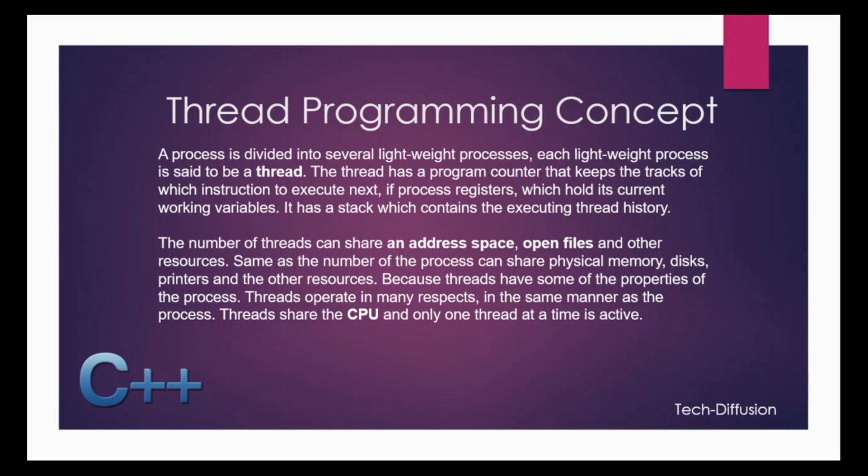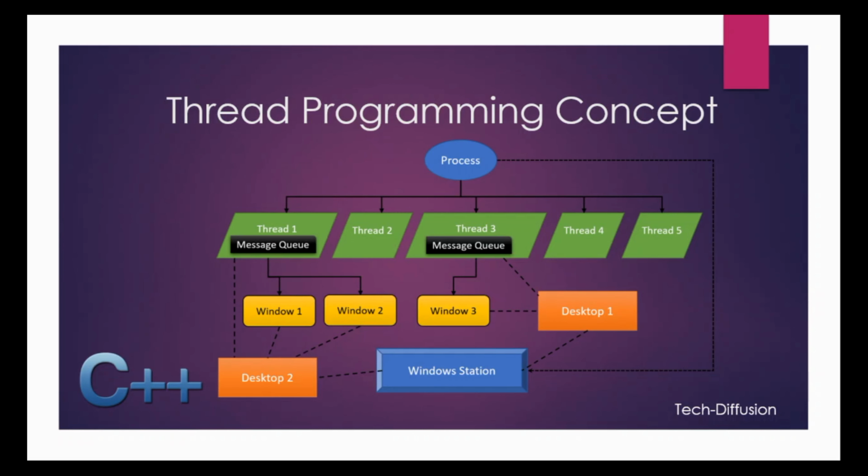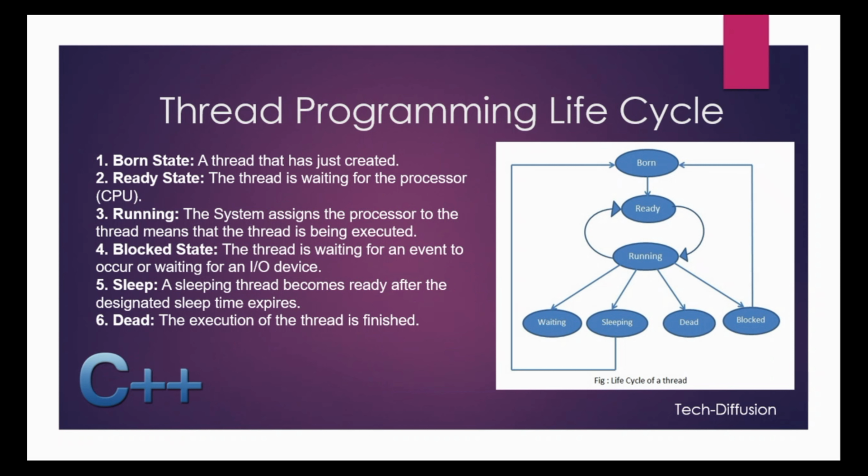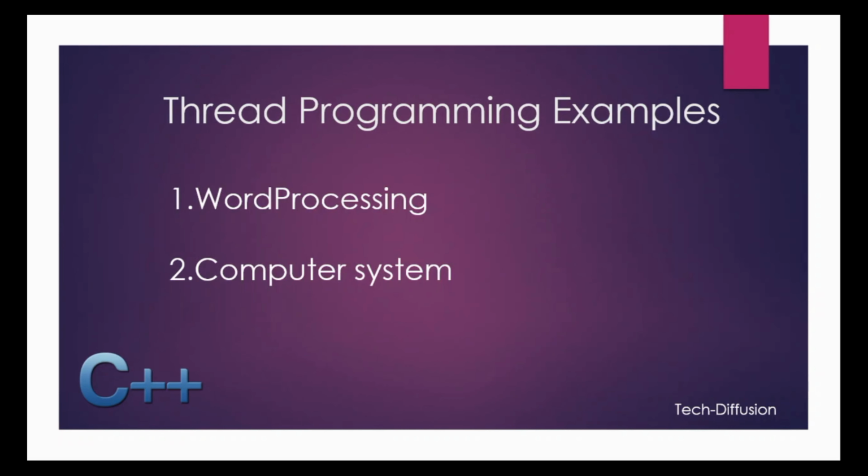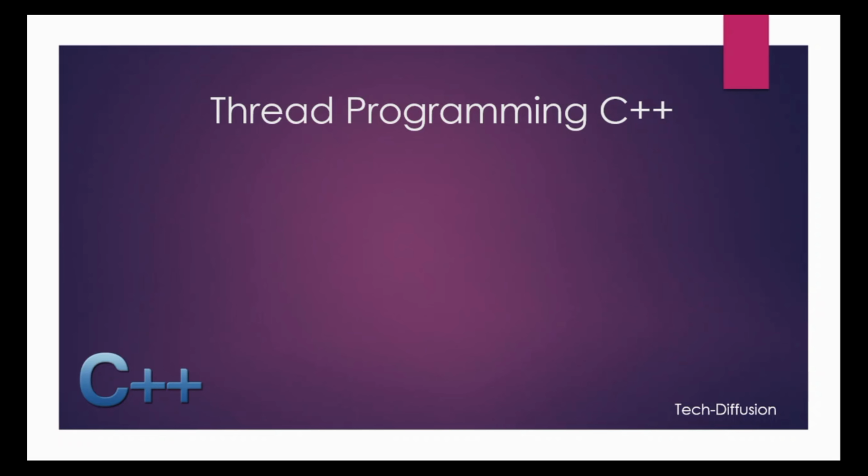Similarly, we use thread programming: what a thread is, the concepts, how a thread works, and the thread life cycle. We discussed everything, and where threads are used, with famous examples like computer systems and word processing systems. So today we will discuss thread programming in a C++ program.